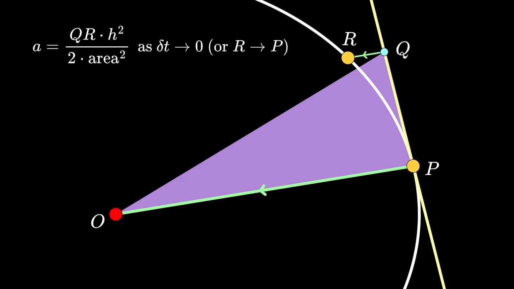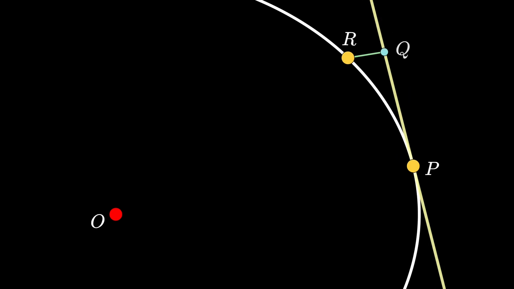The idea is to determine acceleration purely from the geometry of the orbit, if the acceleration always points towards the center. Starting at point P, this particle arrives at R after time delta t. We can break down the displacement into the velocity times delta t and the acceleration times delta t squared.